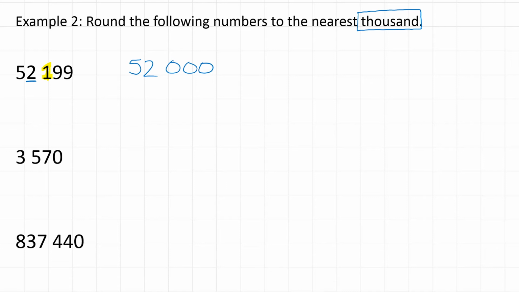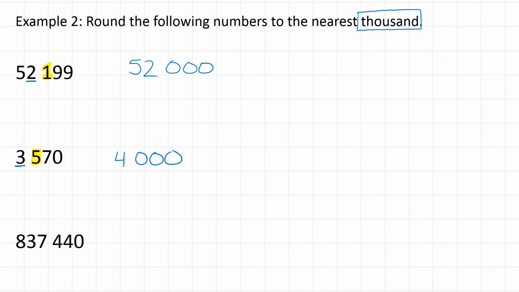Number 2, 3,570. So I'm going to start off by underlining the thousands place value, which is a 3 in this case. I'm going to highlight the hundreds place value, which is a 5. So that 5 tells me that I am rounding up to the nearest thousand. And our final answer is 4,000. Finally, the last one.